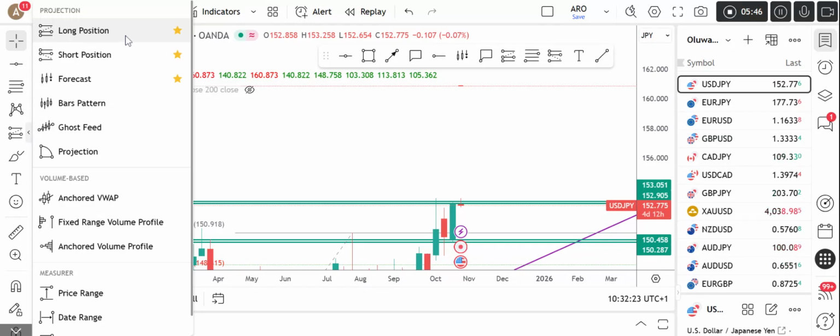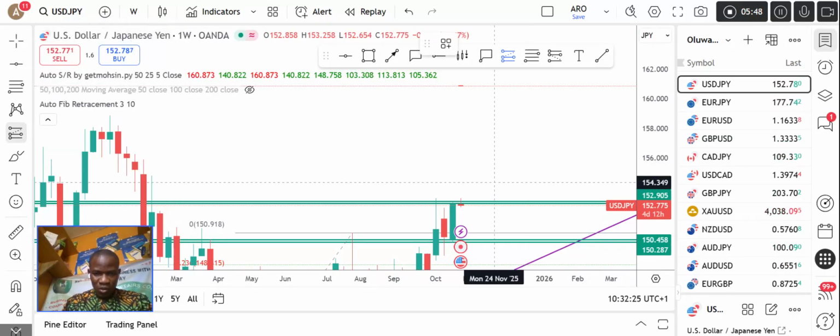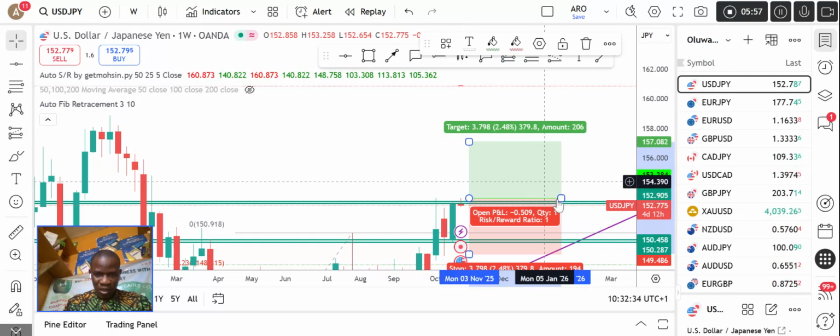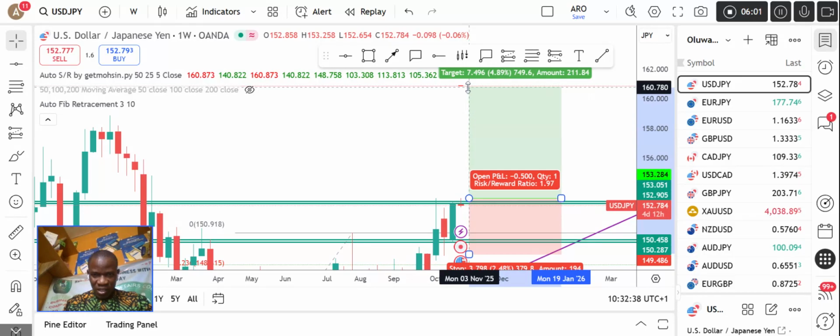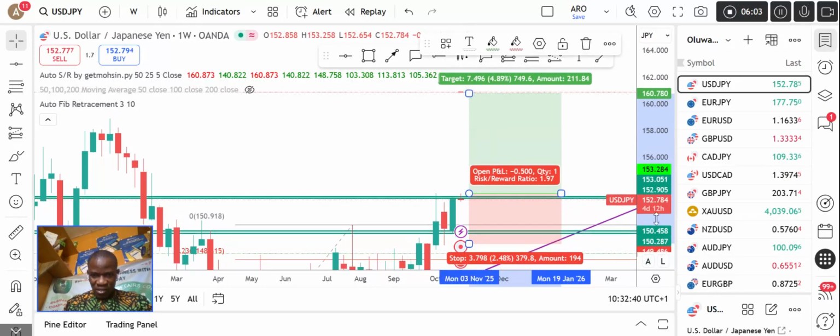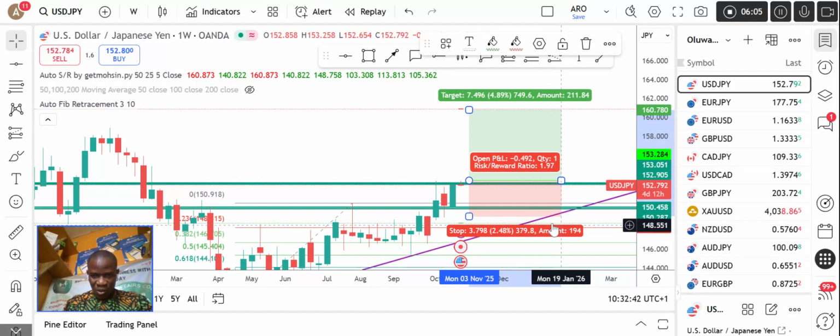Let me look for the position. We are going for a long position, unless we want to buy USDJPY. This is our overall target, and here is going to be the stop loss.